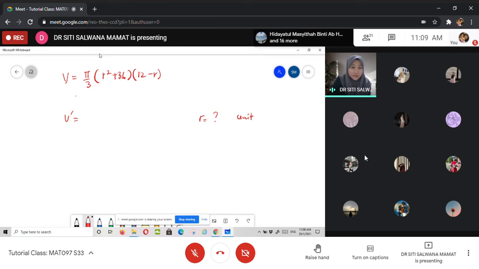Okay, now, how can you differentiate this class? Okay, kita expand dulu lah kan. So V is equal to pi over 3. Ini you dapat apa ni kalau you expand? 12 R square minus R cube plus, these two ni kalau you dapat apa? 432.